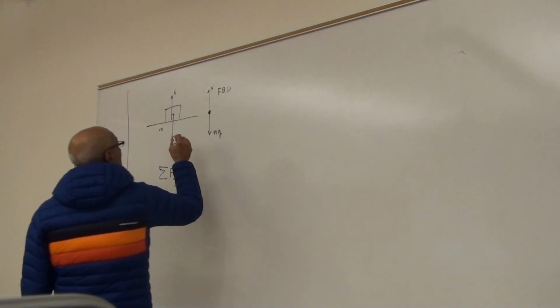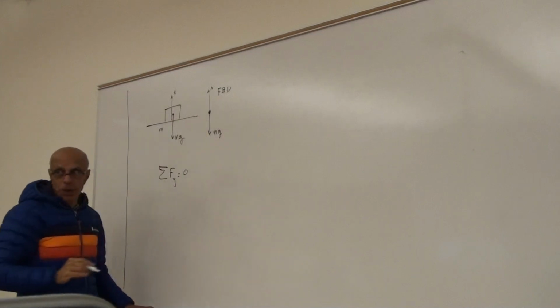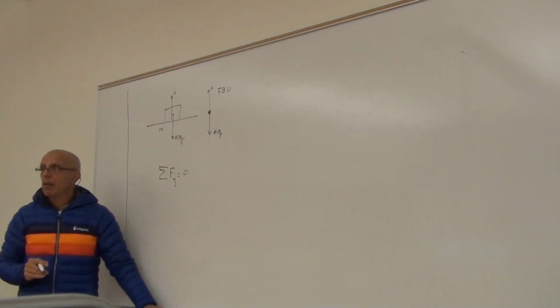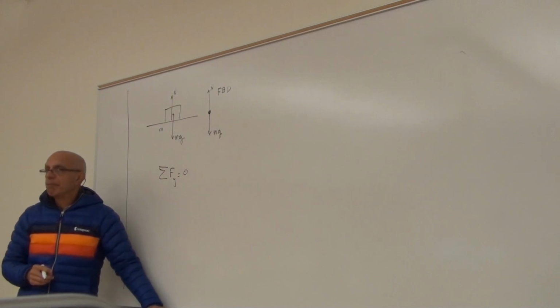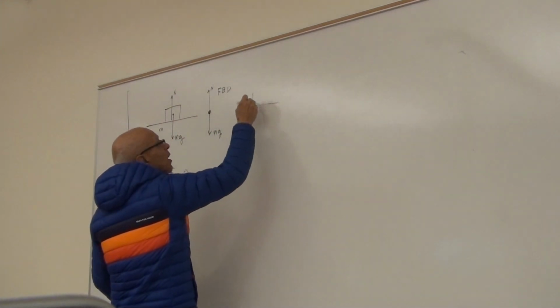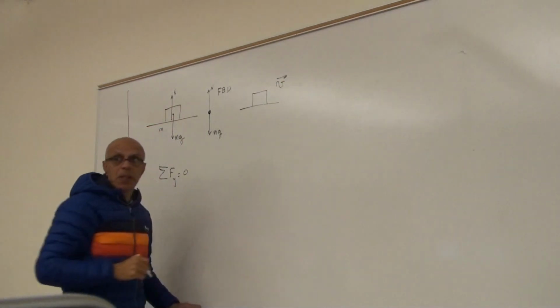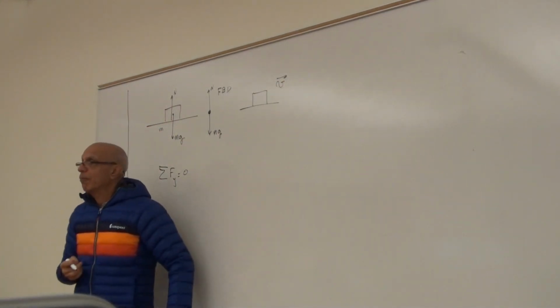Now, let's say this thing is moving to the right at constant speed. What is going to be the free body diagram? I'm asking you, please draw the free body diagram.